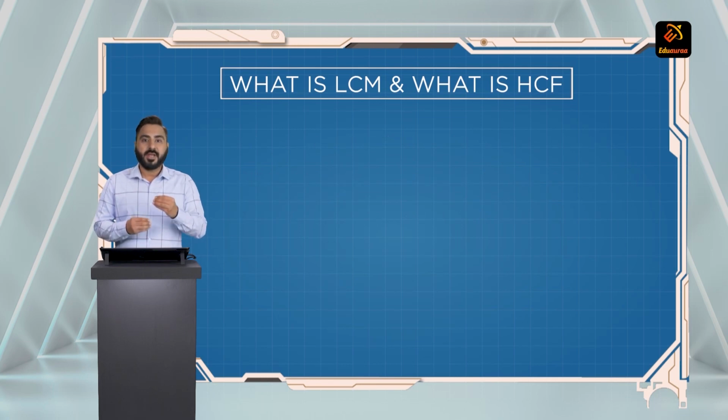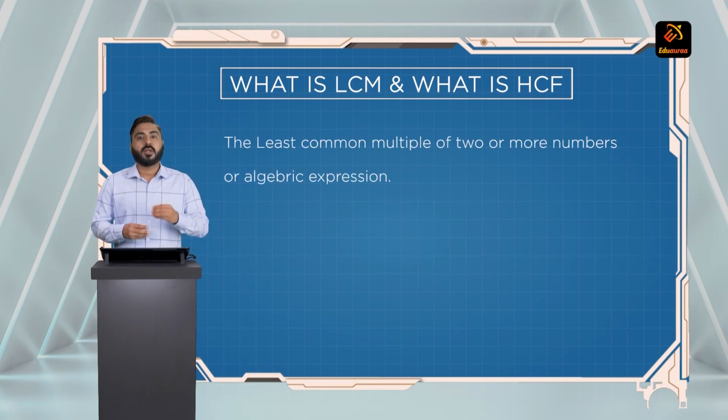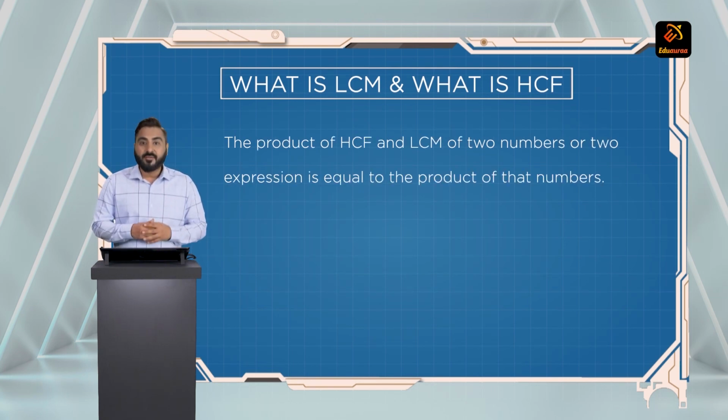We will solve one example based on HCF, but before that, let's see what is LCM. So students, LCM is nothing but the least common multiple of two or more numbers or algebraic expressions. Now students, the product of HCF and LCM of two numbers or two expressions is equal to the product of the numbers.